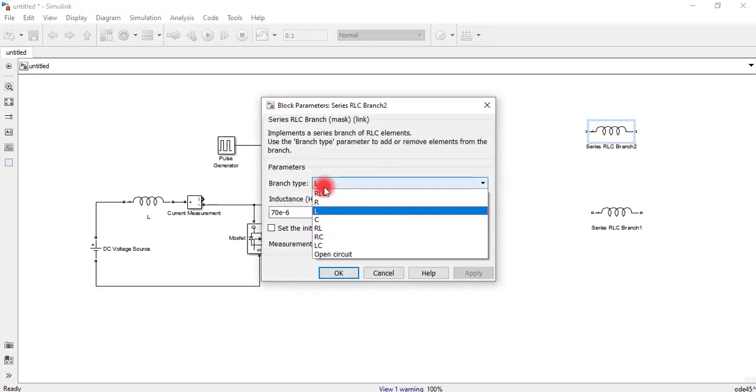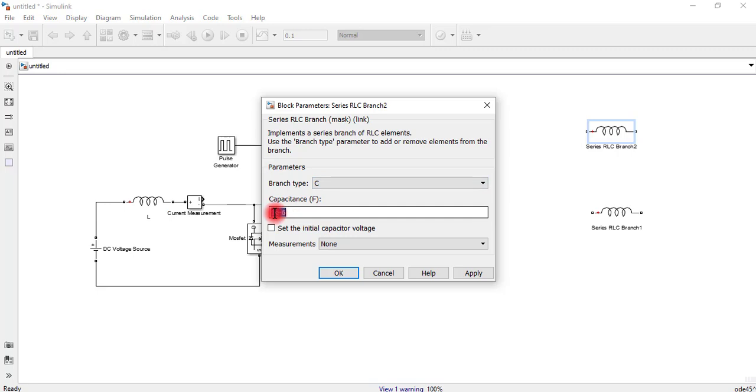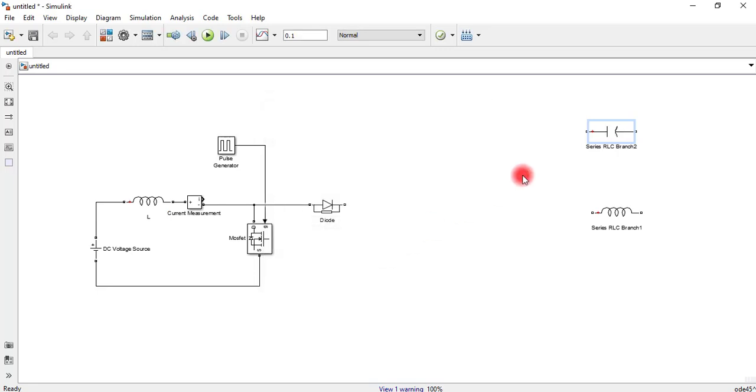Now change it to capacitor, and I'm using the capacitance of 300 microfarad. Let's rotate it and connect it here. This is capacitance.